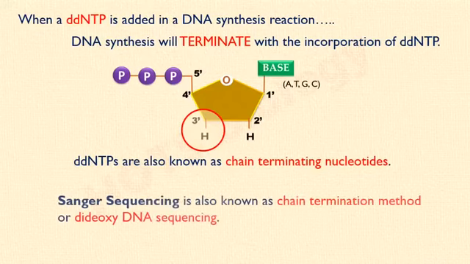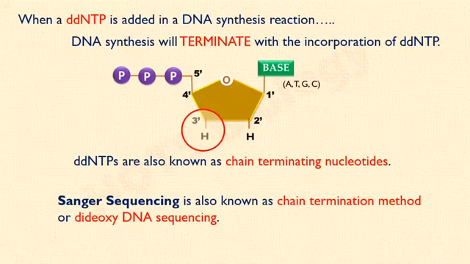And the Sanger technique is also known as the chain termination method or dideoxy DNA sequencing. So, if the concept of dideoxynucleotide is clear to you, it will be easy to understand the procedure and interpret the results of the Sanger sequencing technique.